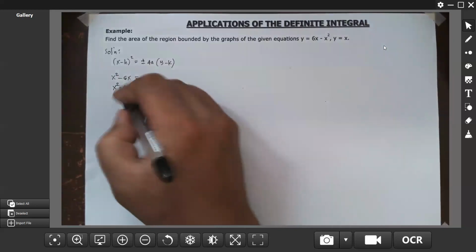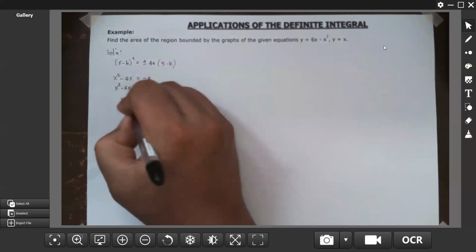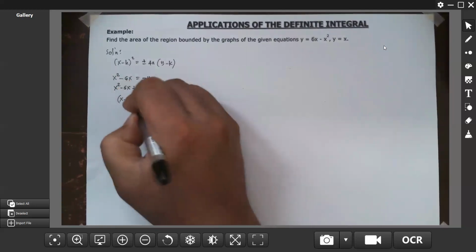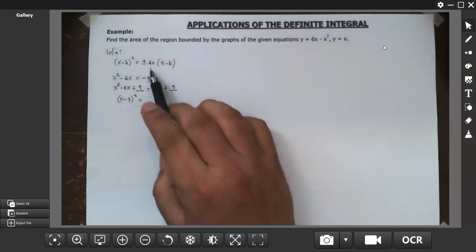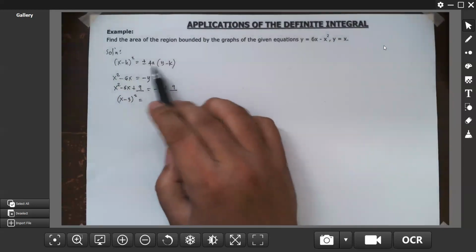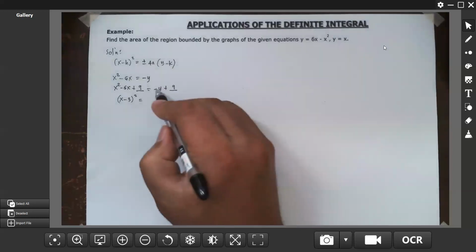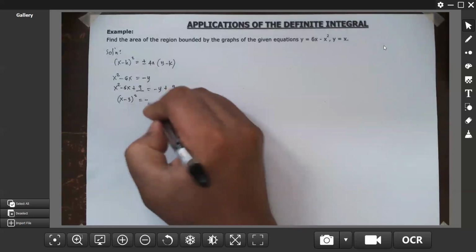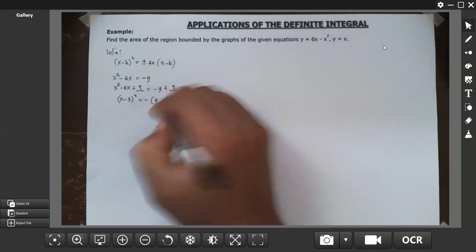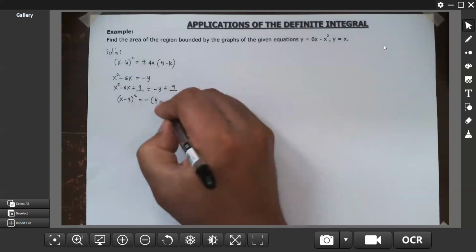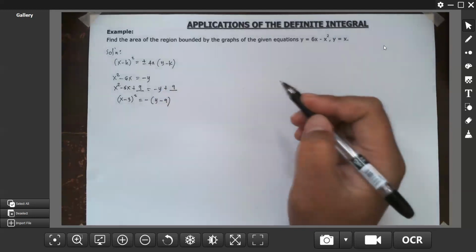And so we have (x minus 3) squared. Take note that in standard form, whatever is the coefficient of the first degree variable, extract it. So, negative 1, and then y minus 9, positive 9 over negative 1 is negative 9.